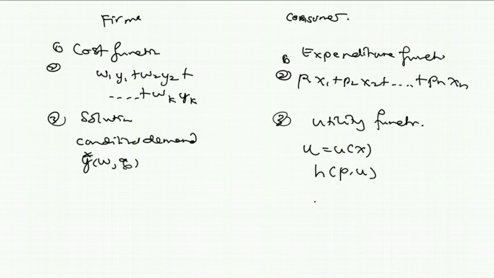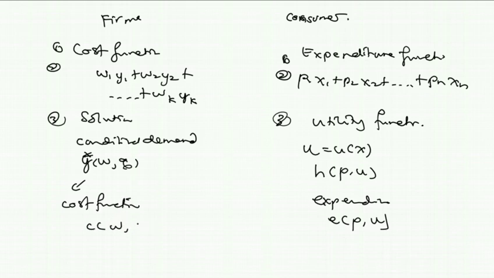And then we also get the indirect expenditure function, which is E as a function of P and also utility, price of product and also utility. Now from Y star here, we can get the indirect cost function, which is C as a function of the vector of W, prices of input, and also the product quantity. All right, so I hope this is clear for you.